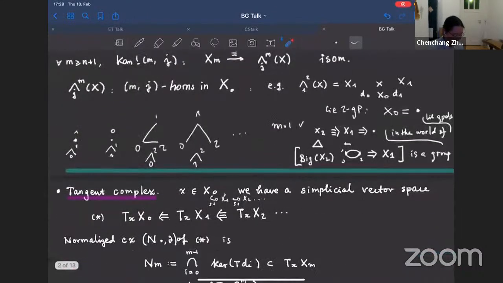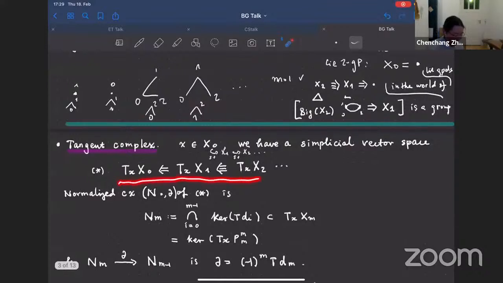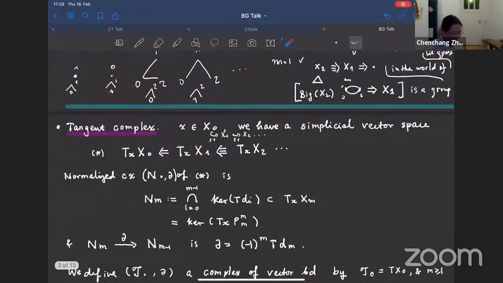Then we have a simplicial tower, but now it's a simplicial vector space, not just a simplicial manifold, because each one is a vector space. Then we can form its normalized complex.